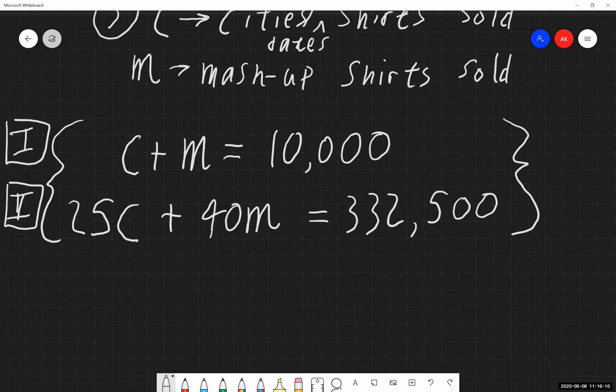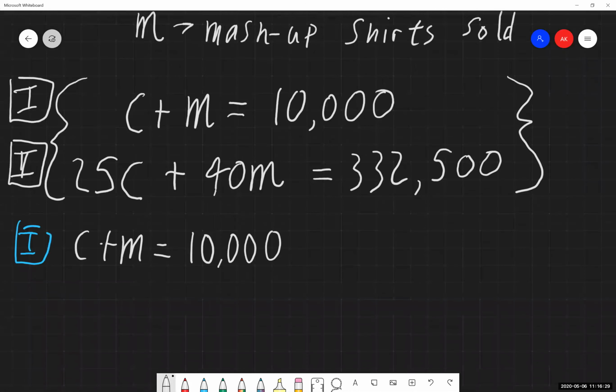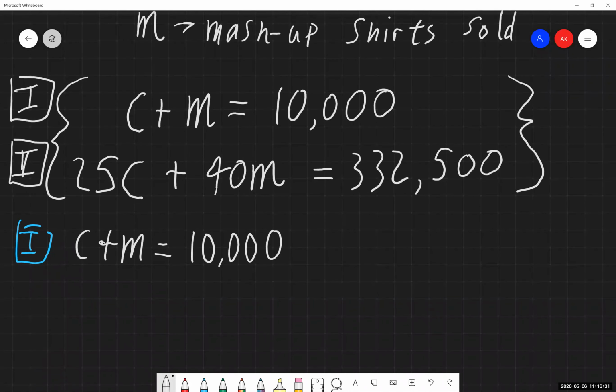So what we're going to do, I'm going to take our first equation, equation 1, and I'm going to rewrite this so one variable is in terms of the other. I'm just arbitrarily choosing this variable, you can choose either one.